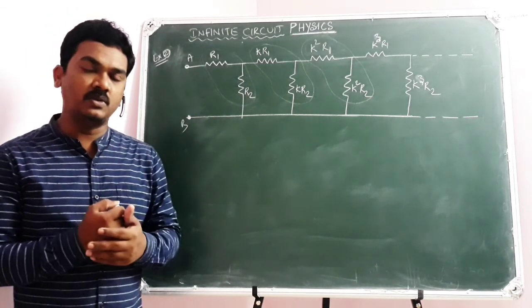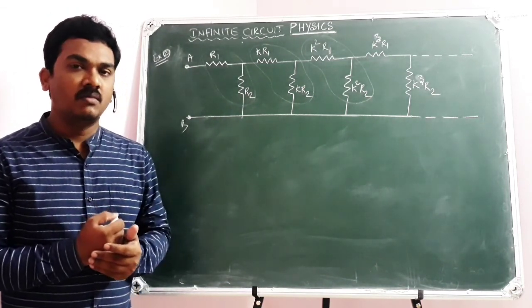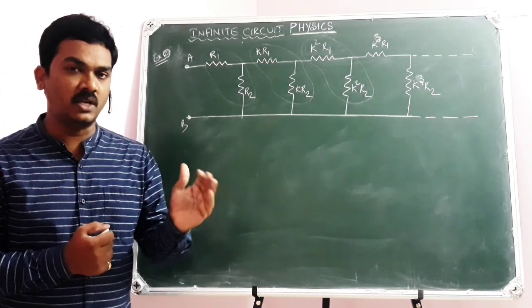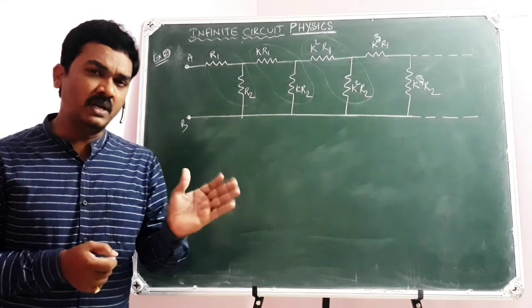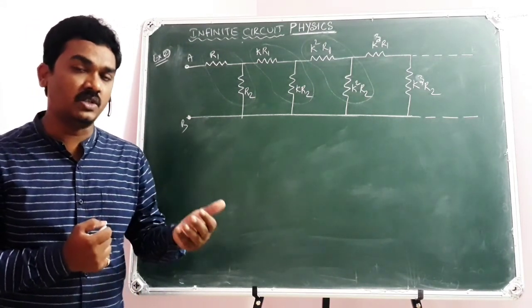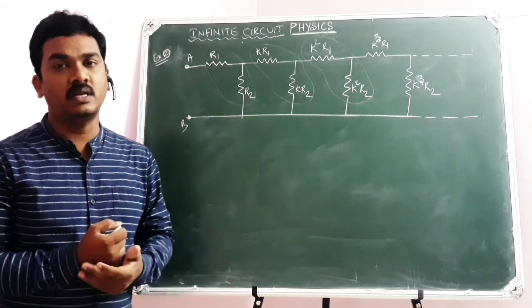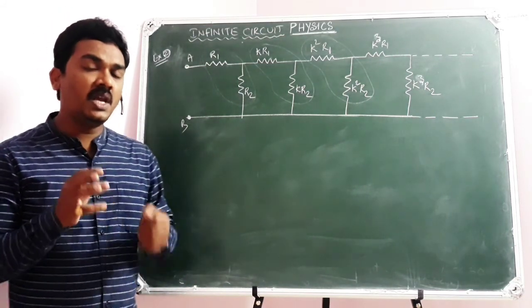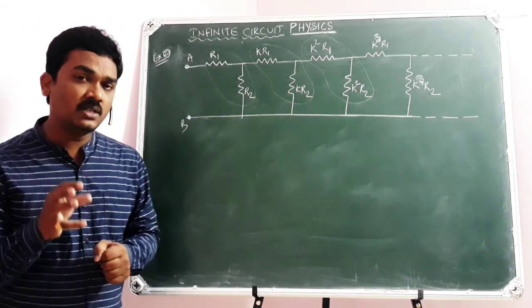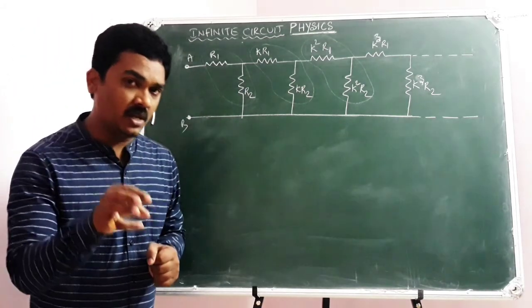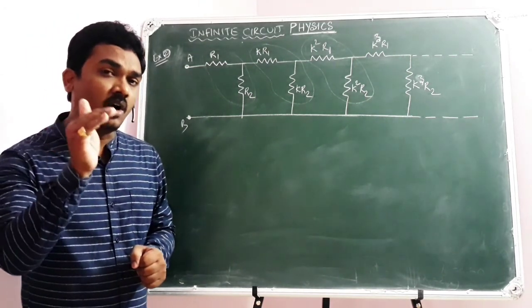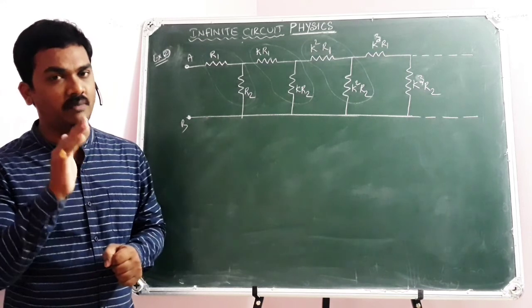Let us deal with, suppose, parallel combination. 1 by Rp equal to 1 by R1 plus 1 by R2 plus 1 by R3 and so on. If everyone is multiplied with K, then also equivalent resistance will be multiplied by K times. Means in a combination of a number of resistors, if every resistor is multiplied with K, then equivalent resistance also is multiplied by K times.